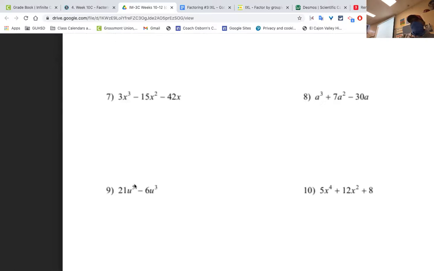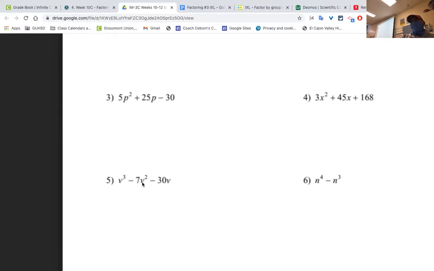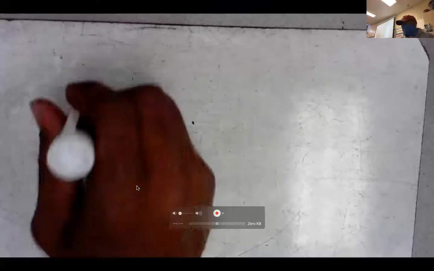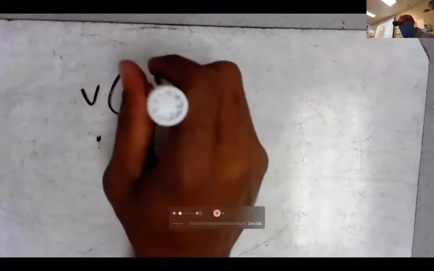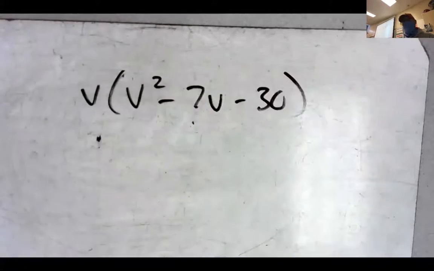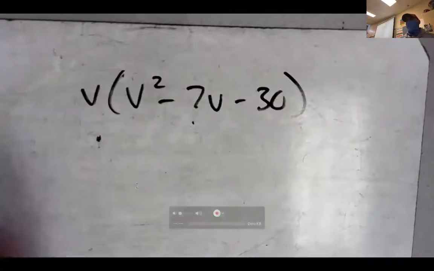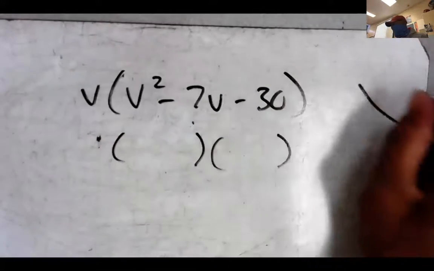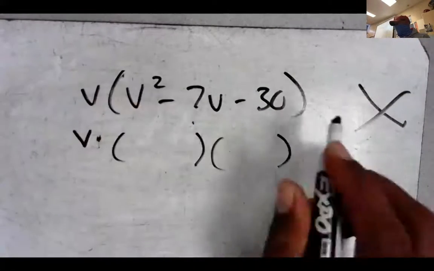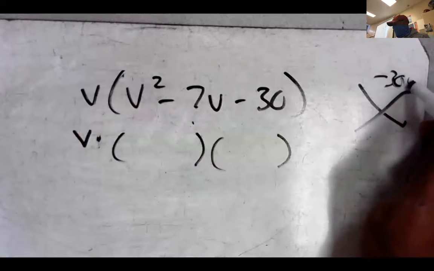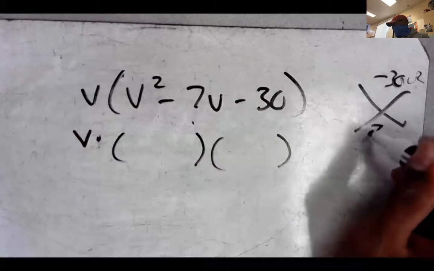We were also doing the box and diamond. For this one, for example, we factored out a V, and after we factored out a V, I'm using the box and the X. So here I've got -30 V squared, and on the bottom I've got -7.